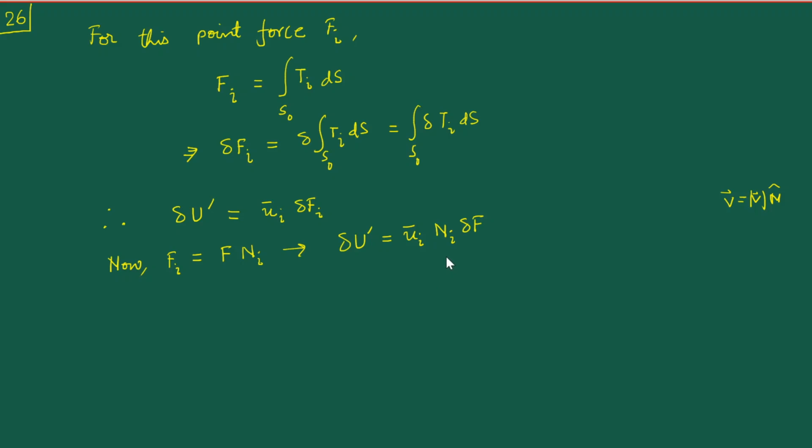Please note that this ui and this ni together is like a dot product. Now what will be the result of that product? What will be the meaning of that? If we actually write, this is a vector, this is a vector, we have a dot product, the result will be some scalar.